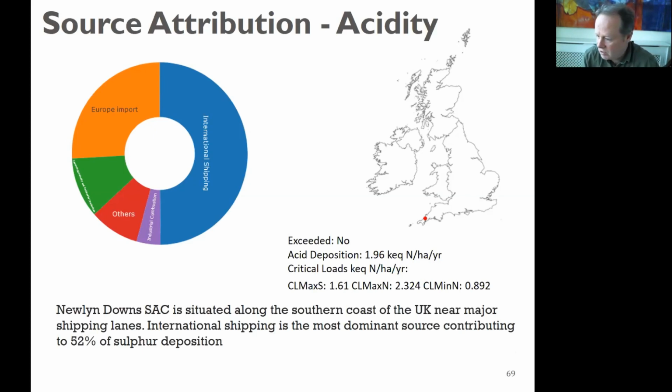Are there any questions? So Anna is asking, which category does industrial combustion fit into? It's the purple section. There's an industrial combustion sector. I think it includes power stations.